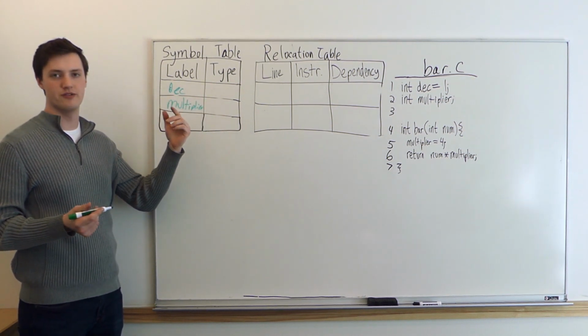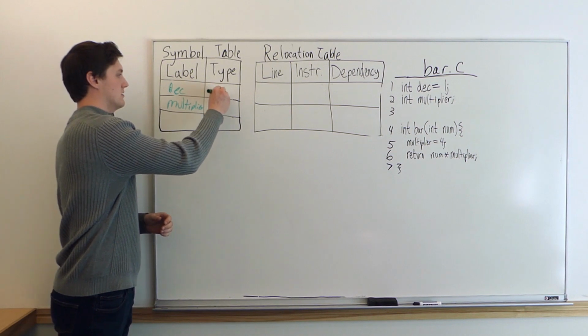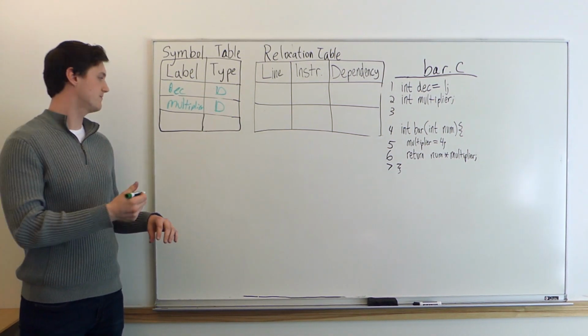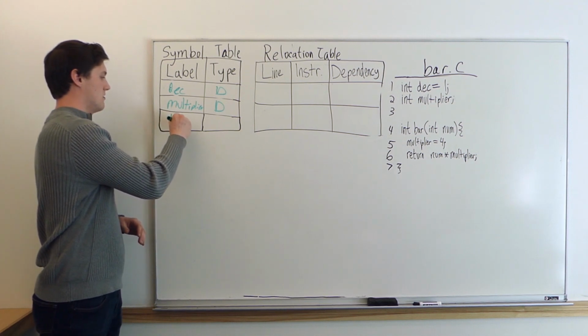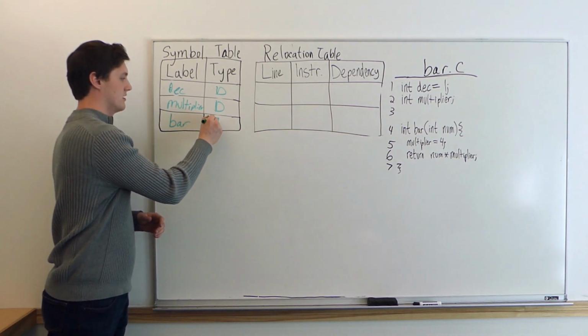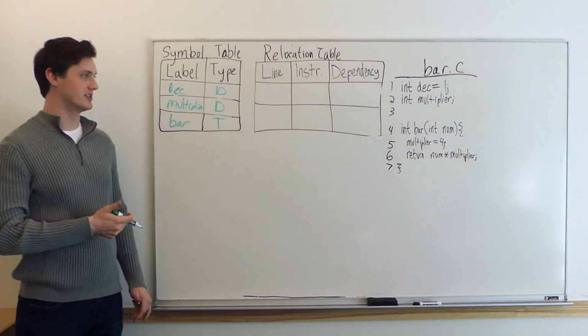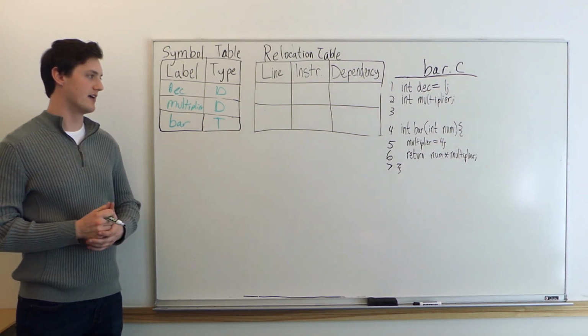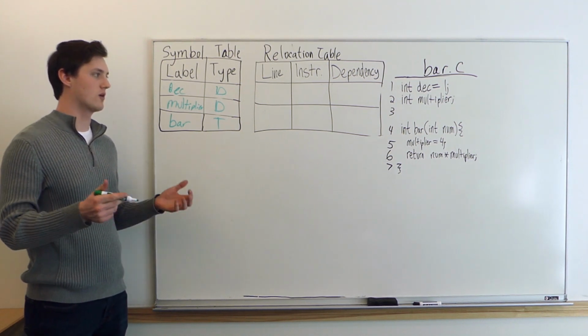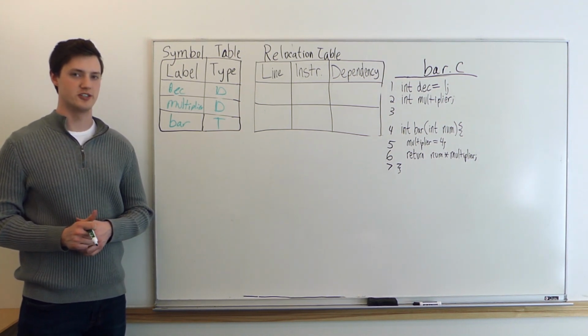So we would say the type of both of those is data. And then we also see that we have our function int bar. Since that's a function defined in this file, that would be text. Those are the only symbols in this particular file. Int num is a parameter that is local to bar, nothing we have to worry about for a symbol.